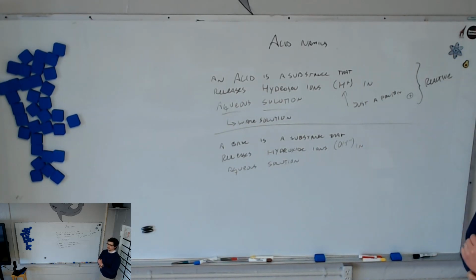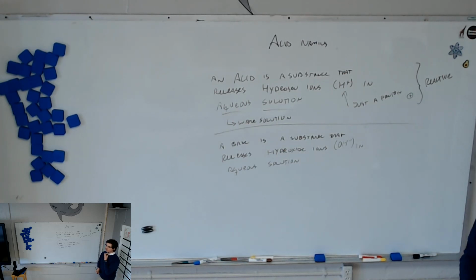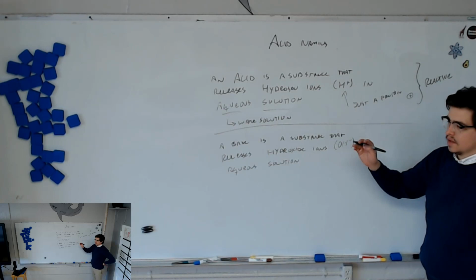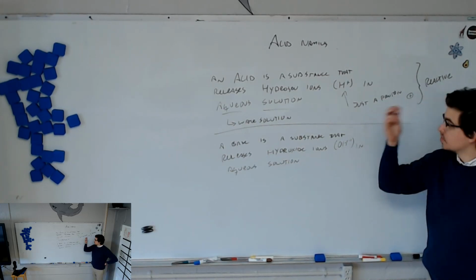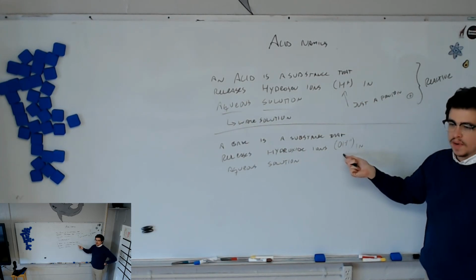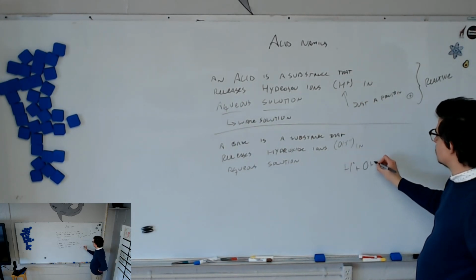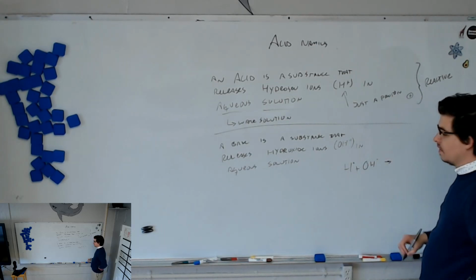Okay, so now two things. I think this is cool. Just as kind of a side note, we'll talk more about this in the future, but if we add this, H plus, to this, OH minus, what do we get? H plus OH minus yields what?